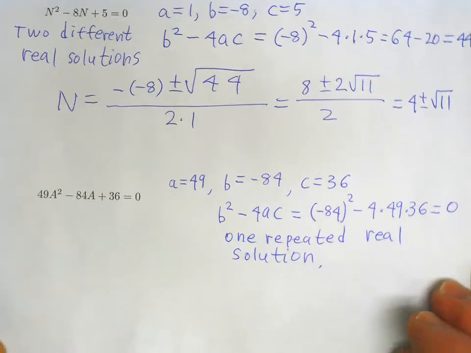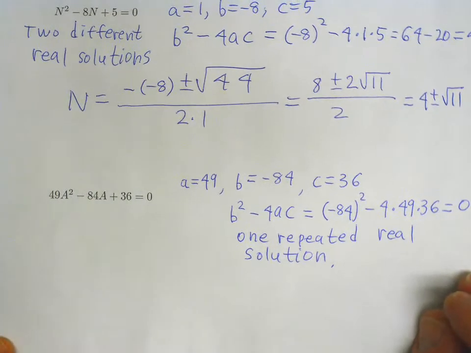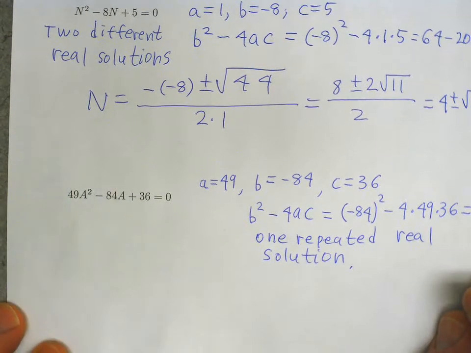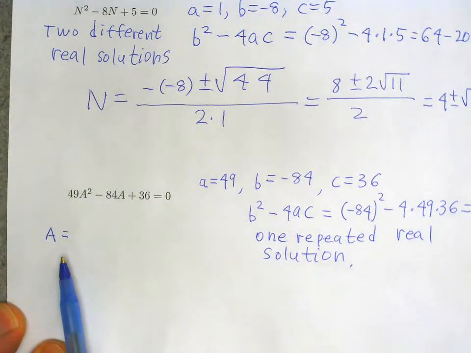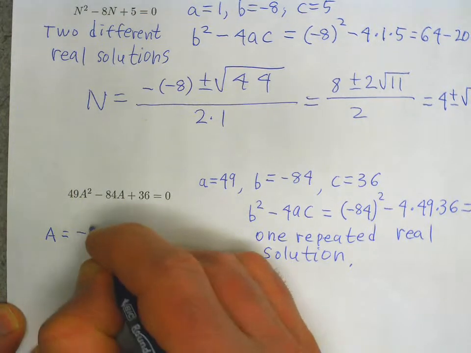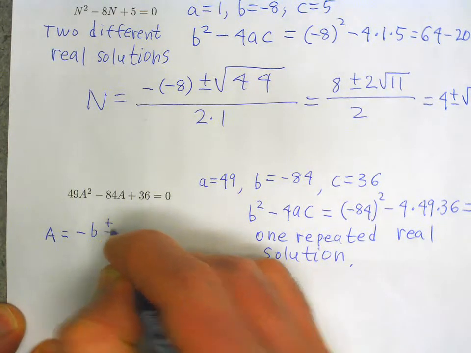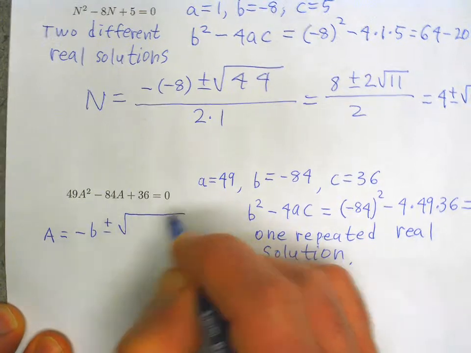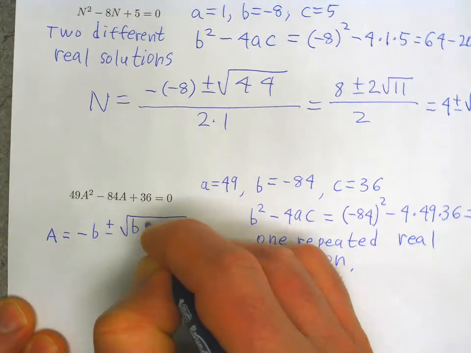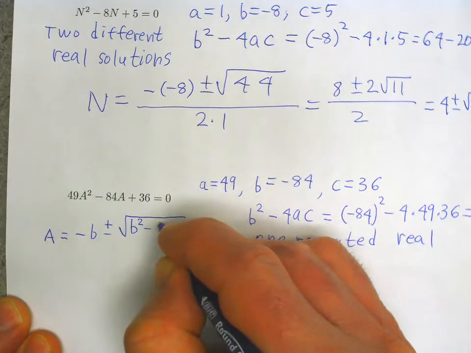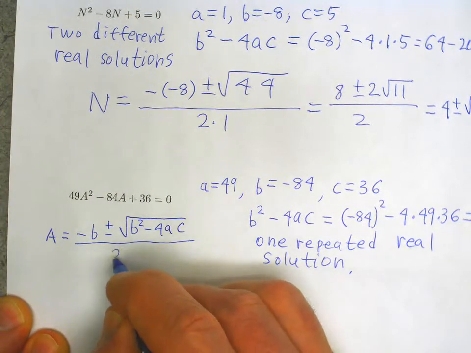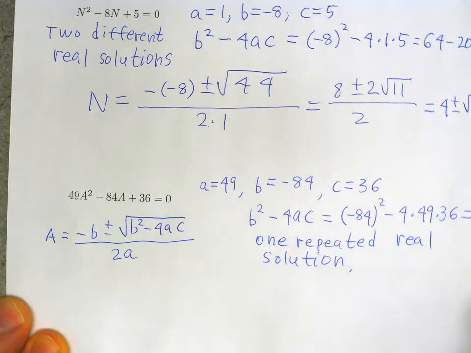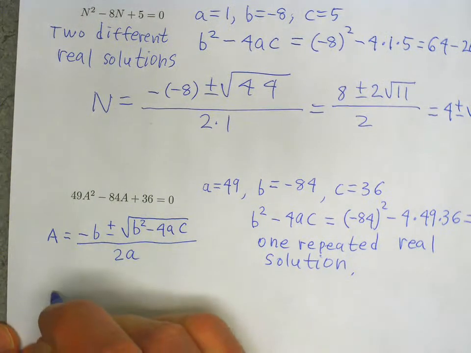Okay, so if we use the quadratic formula, I'll just remind you of the quadratic formula. Lowercase a, I mean x, equals negative b plus and minus the square root of the discriminant, which is b to the second minus 4ac, all divided by 2 times lowercase a.